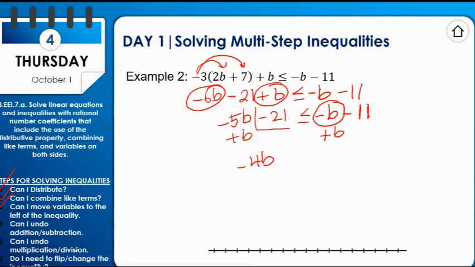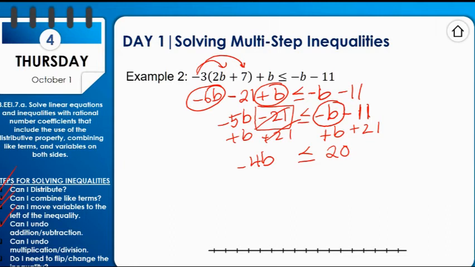Can I undo addition or subtraction? I have a -21. In order to get rid of 21, I add 21 to both sides. Cancel. -11 plus 21 becomes +20.